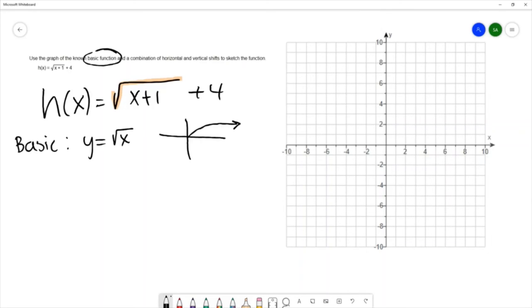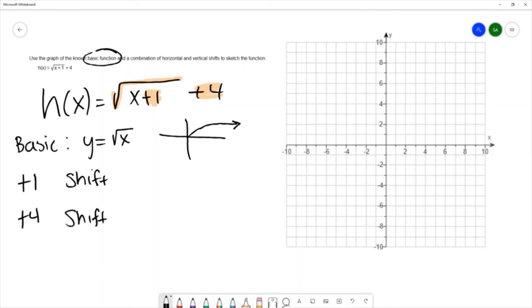I can also see that we have some transformations within our function: a plus 1 and a plus 4. Because they're adding and subtracting, I know that those are shifts.